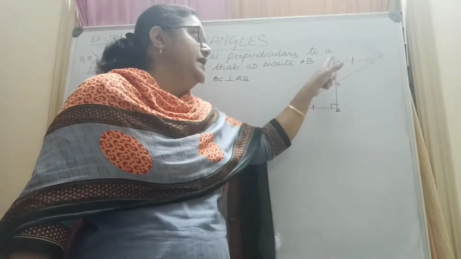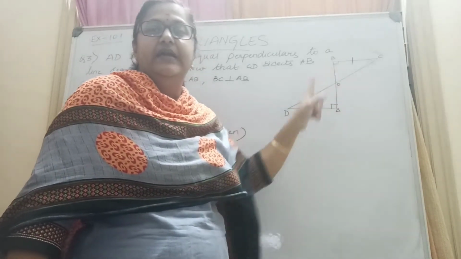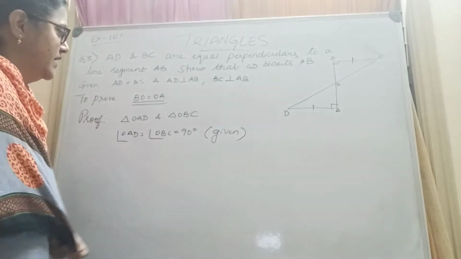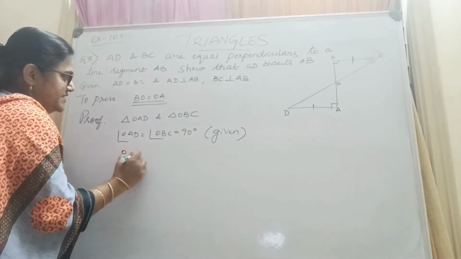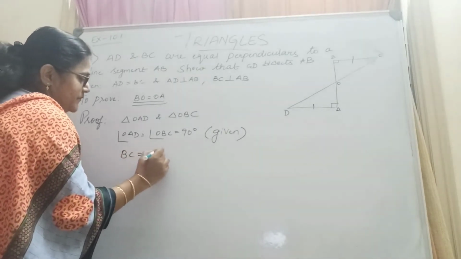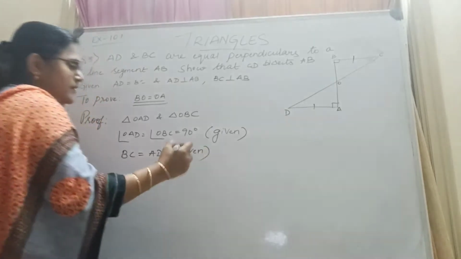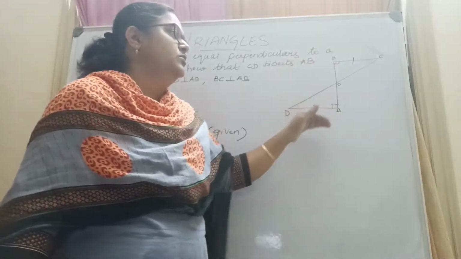Perpendicular in the sense the angle between them will be 90 degrees. That is how I wrote 90 degrees here. Then it is also given that BC is equal to AD. This is also given because they are equal perpendiculars to AB.